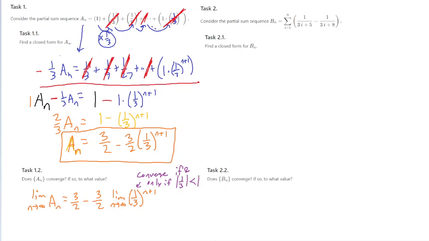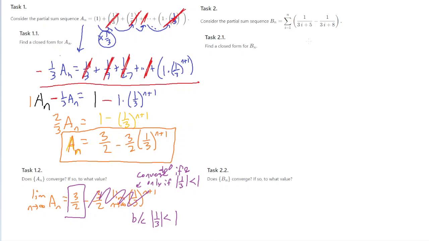And of course it is less than 1 because it's 1/3. But if I had something like 3/2 on the inside here, or like 7/3, that would have diverged instead. So in this case, it converges to 0. And since this converges to 0, all this cancels out. I'll say because 1/3 is less than 1 right here, and that converges to 3/2.